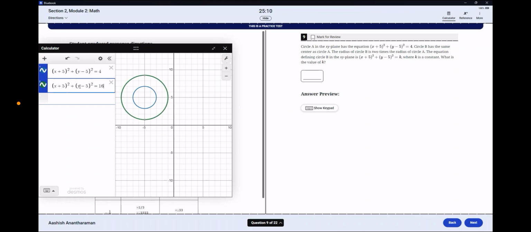On the right, now we squared. So now, as you can see, the radius of the green circle is 2 times the radius of the blue. So as you can see, we're already finding this equation of B, where k is a constant, and the value of k is going to be 16.